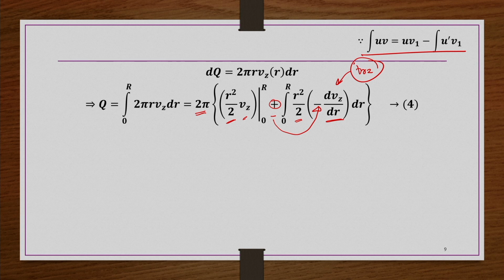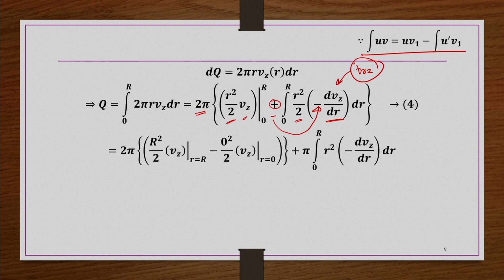Do not worry about substituting gamma dot rz right now; we will do that later. First we will substitute the limits 0 and capital R in this expression.